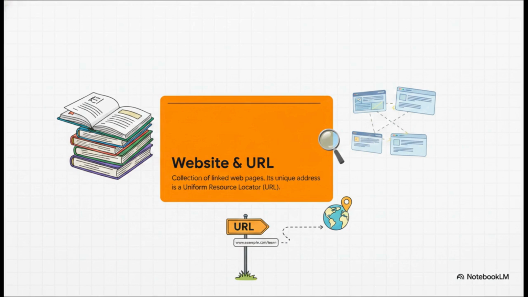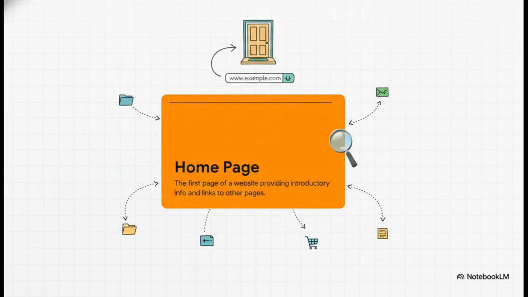It's exactly like typing a street address into your GPS to find a specific building, just in the digital world. And following that same logic, think of the home page as the front door of that building. When you type in a URL, the home page is exactly where you land first.